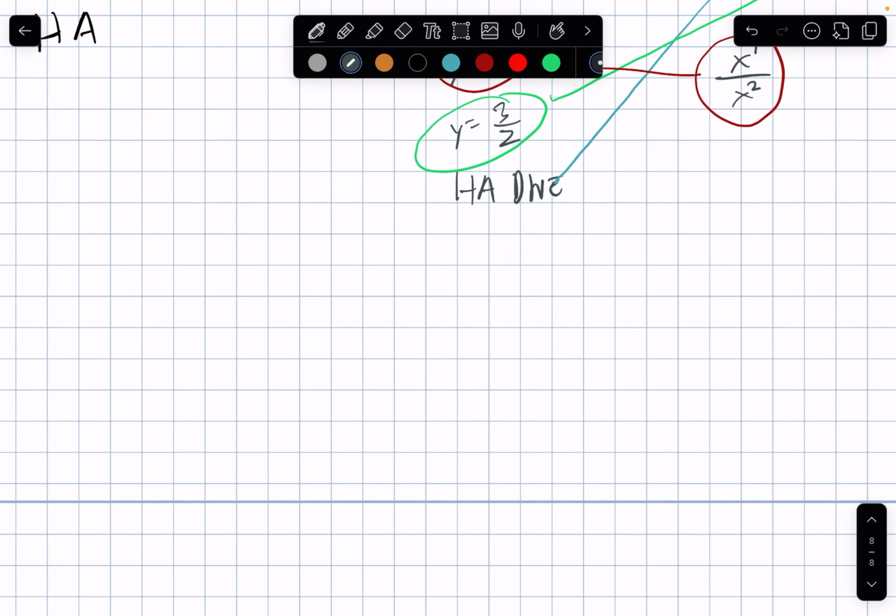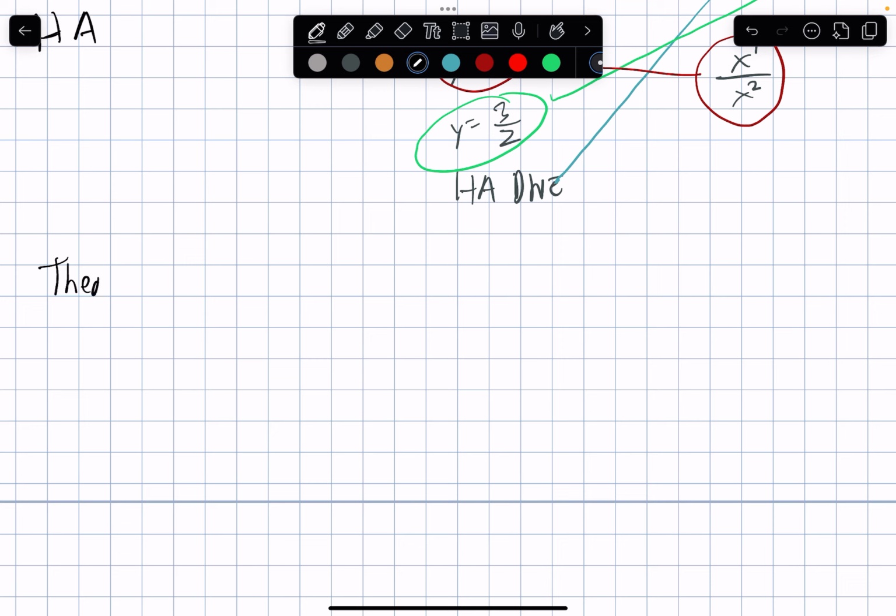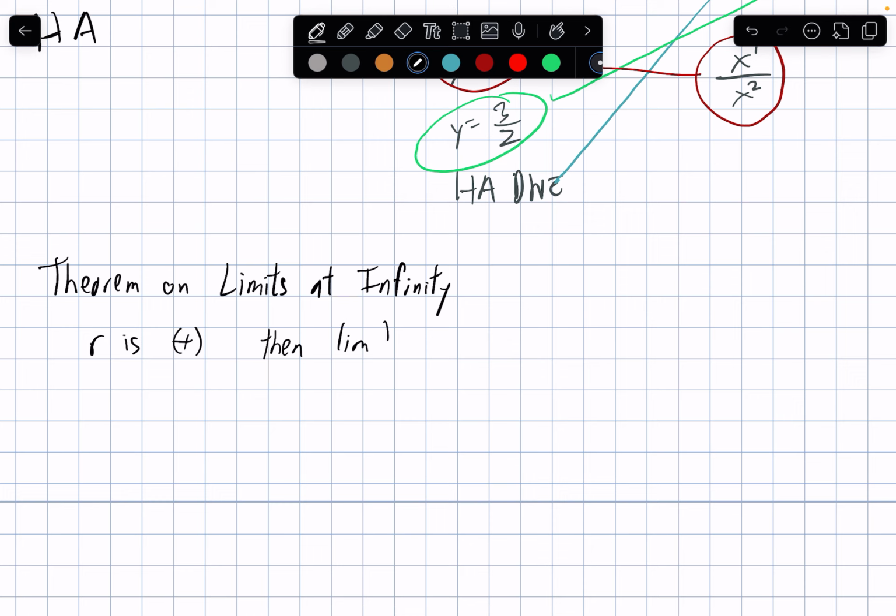Theorem of limits at infinity. Let's say r is a positive rational number. Therefore, the limit of 1 over x raised to r as x approaches positive infinity is equal to 0. If r is defined when x is less than 0, then the limit as x approaches negative infinity of 1 over x raised to r is 0.